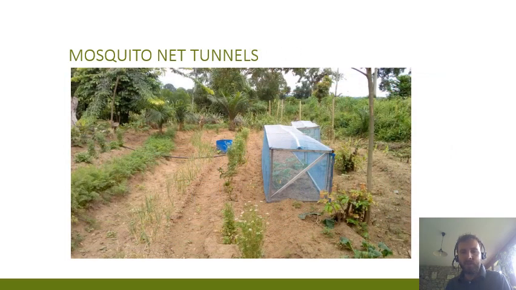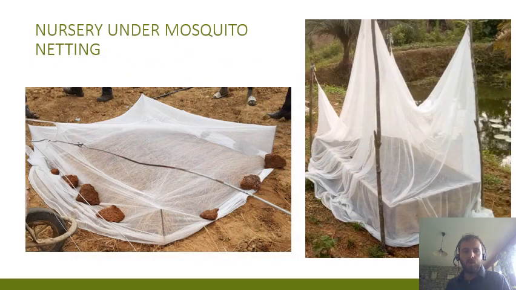That can also be done with small tunnels like that, and we can just move the tunnels every year to protect the same crop and still have a rotation. And then it can be used just to protect the nursery for seedling production, with 2 examples here. One from Burkina Faso, the other from Cameroon.